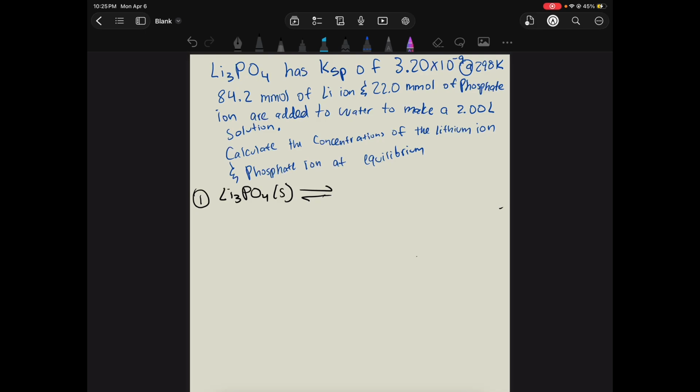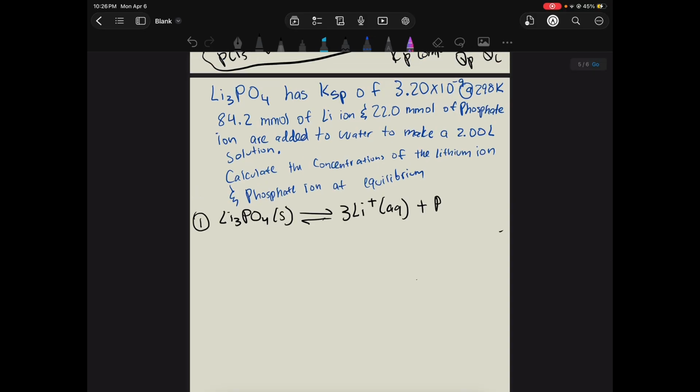It goes to the ions, which for the lithium ion would be 3Li+, and because it's Li3, the coefficient becomes 3. And it's positive because lithium has a charge of +1. This would be aqueous, plus the phosphate, which is PO4 3-, aqueous.